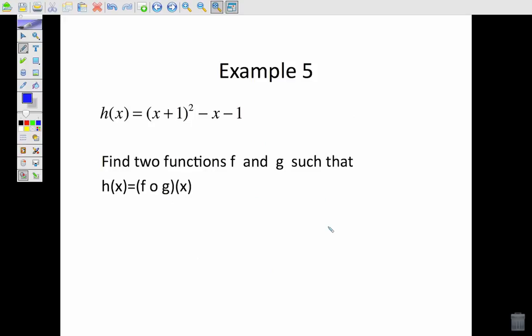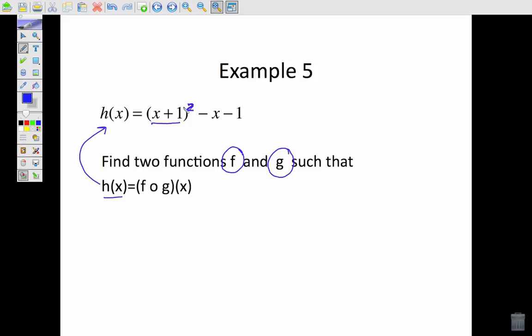All right, example 5, I'm going to challenge you a little bit here. It says if you have h of x is (x plus 1) squared minus (x plus 1), find two functions f and g such that this is the composition f of g. What you want to do is go back to your original function.